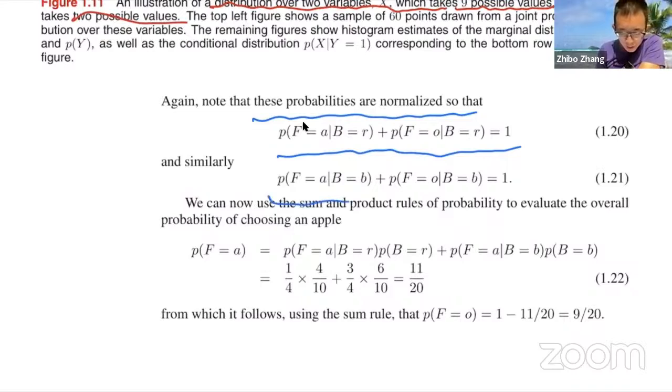Similarly, if you take the conditional probability conditioned on the other value of the random variable B, the probability of all the values over F is also going to sum to 1.